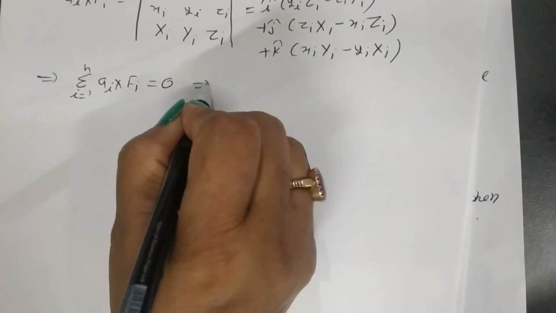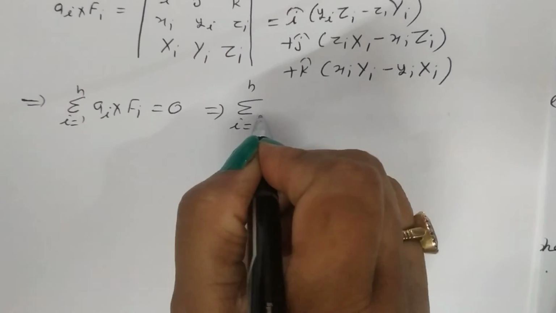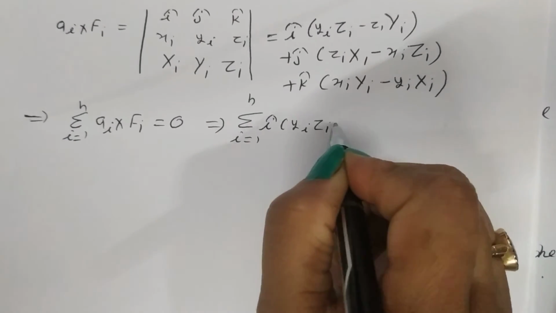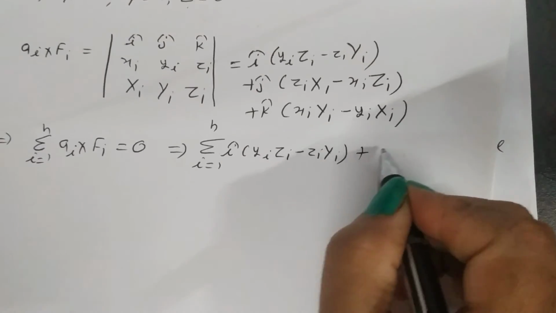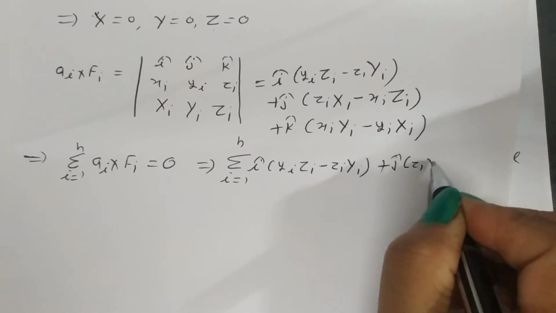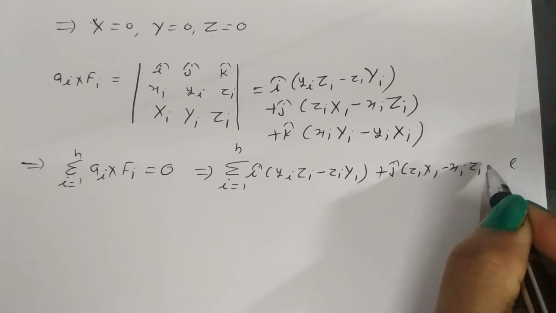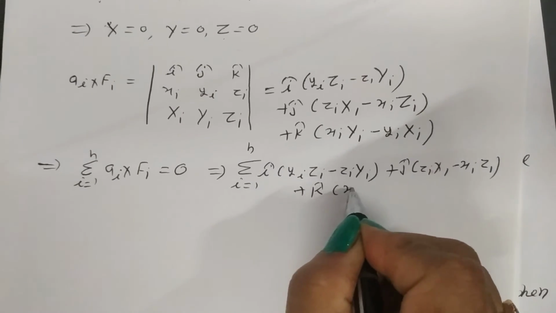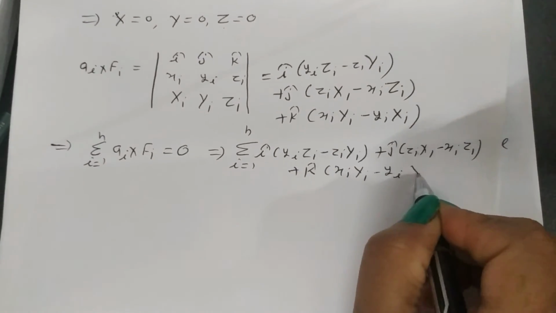This implies the sum over i from 1 to n of i (yi Zi minus zi Yi) plus j (zi Xi minus xi Zi) plus k (xi Yi minus yi Xi). Correct?